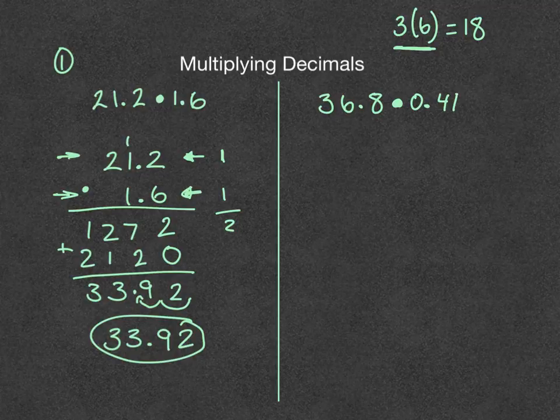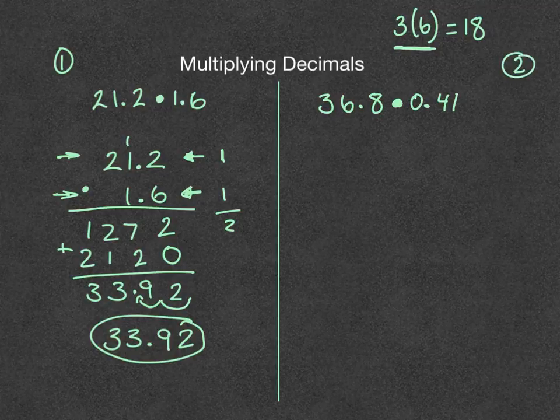If our answer was like 300 something, we know that would be wrong. If it was 3, that would be wrong. So we can use mental math and estimation to help us see if our answer is where it should be. That was example number 1.